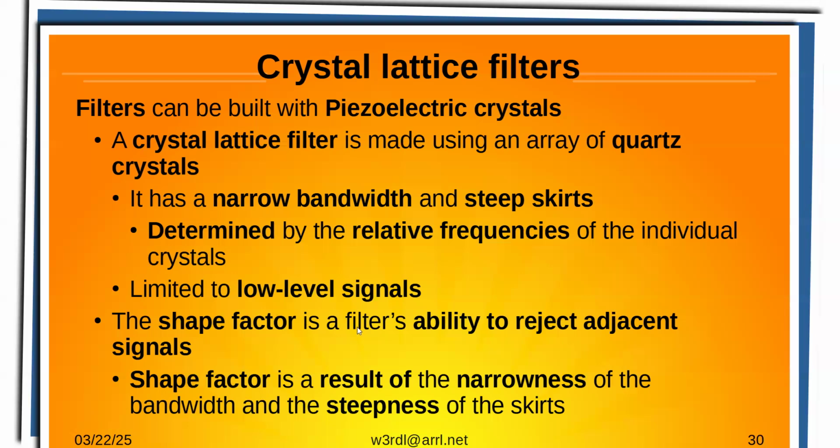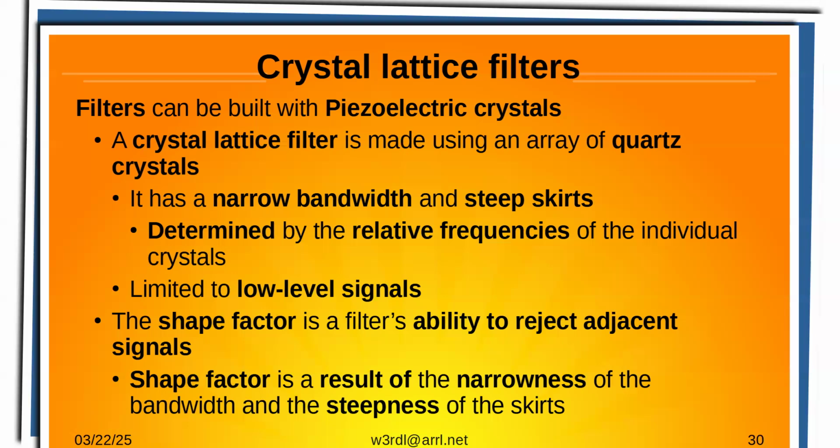Ceramics and ferrites are used also. Ceramics and ferrites are also used for mechanical filters. Yes. The shape factor is one of the most important things, which is basically the steepness of the skirts and how flat it is on top.